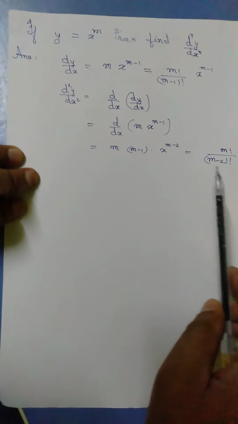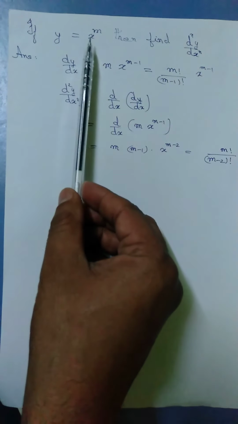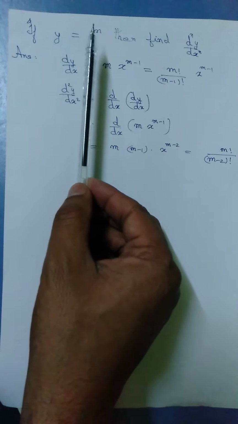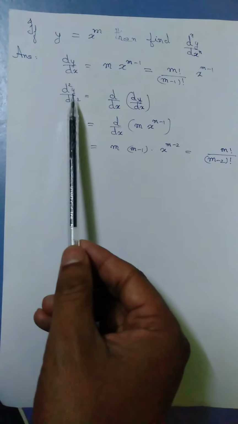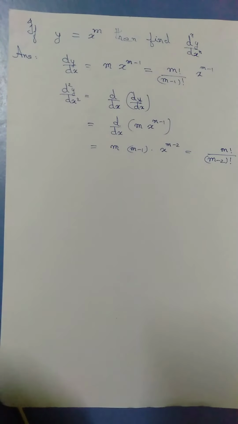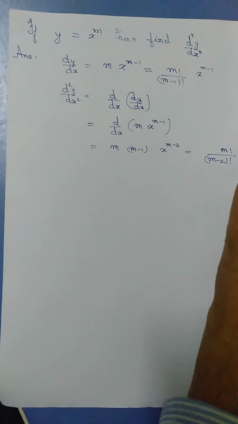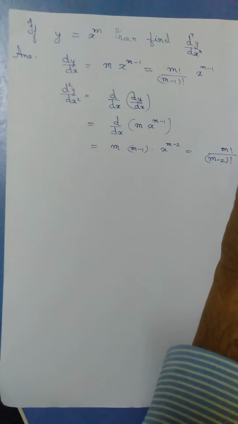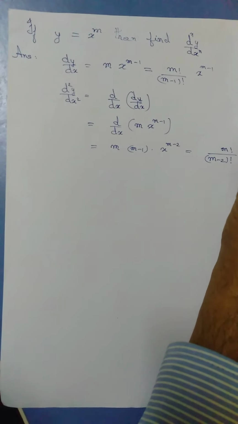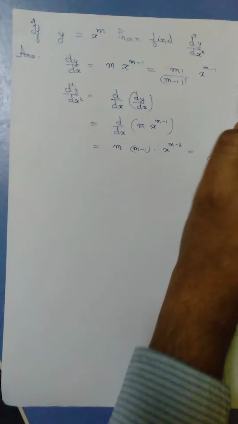Of course, here we should assume m greater than or equal to 2, because if you have y equal to x and you double differentiate it, then you get 0, not this number. So here I should write m greater than or equal to 2, and here I should write m greater than or equal to 1.